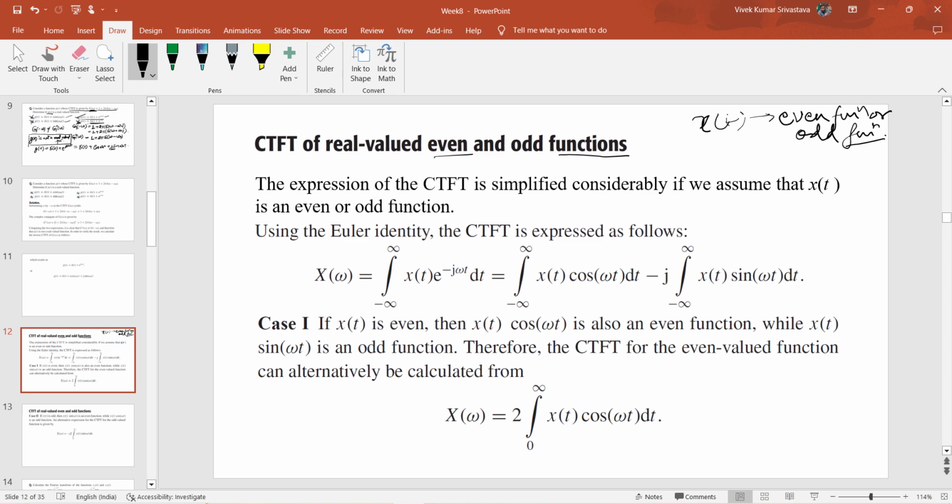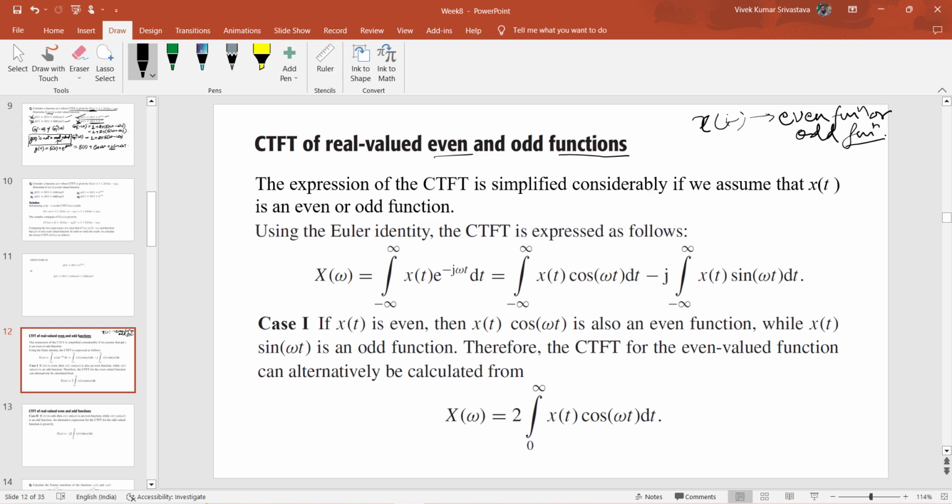How to evaluate the Fourier transform of this x of t? For evaluating this, we can simplify the Fourier transform equation, which is given as X of omega equal to integral from minus infinity to infinity of x of t e raised to the power minus j omega t dt.